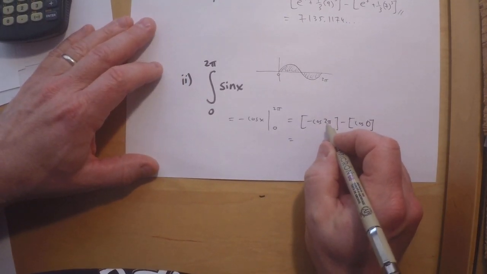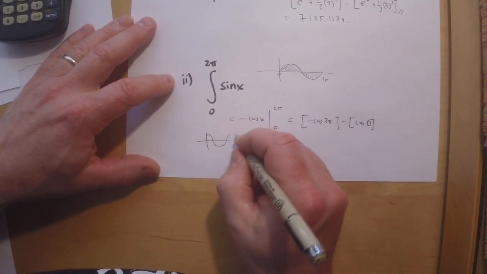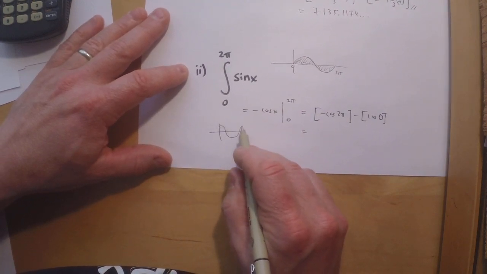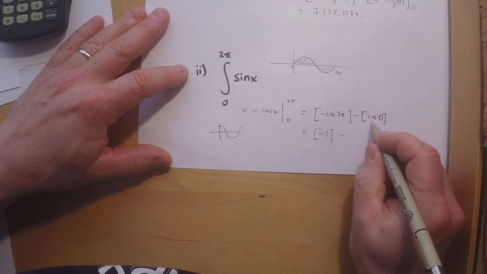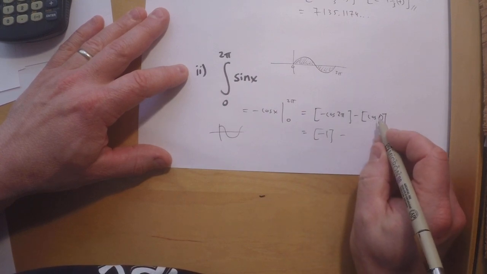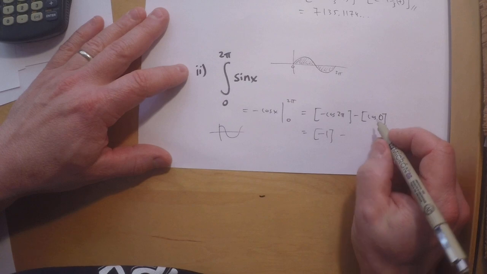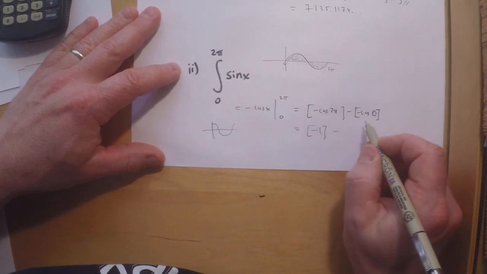What's cos of 2 pi? I have to think about my cos graph. Cos of 2 pi is 1, so this would give me negative 1 minus, oh, don't forget the negative there. Got to put a negative, okay.